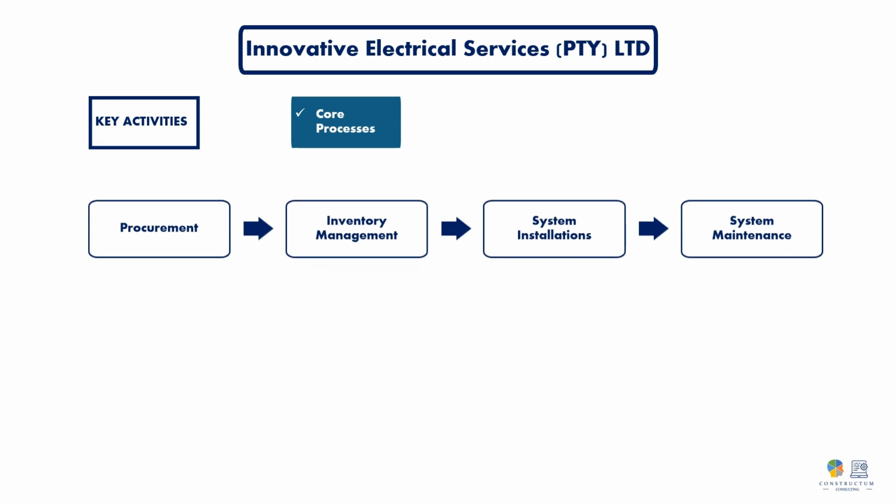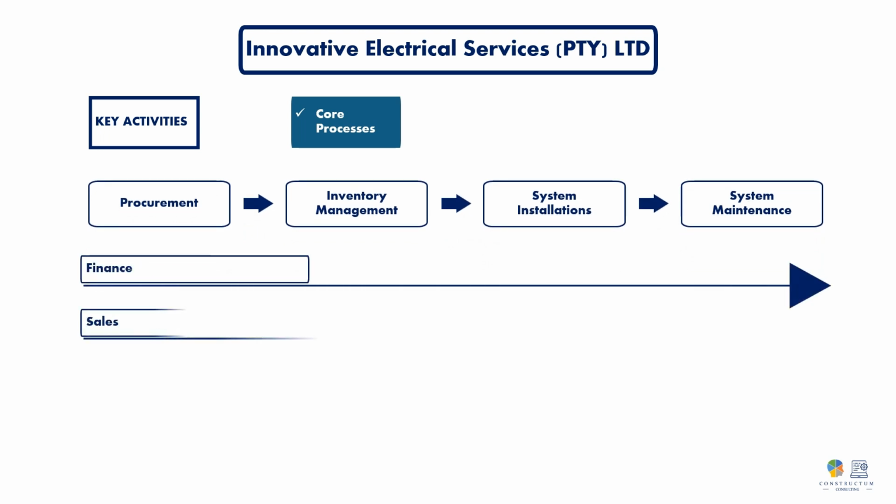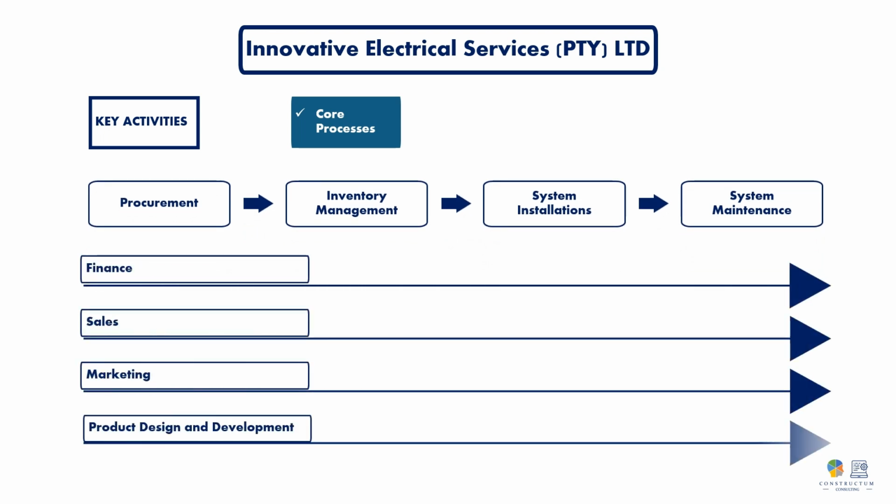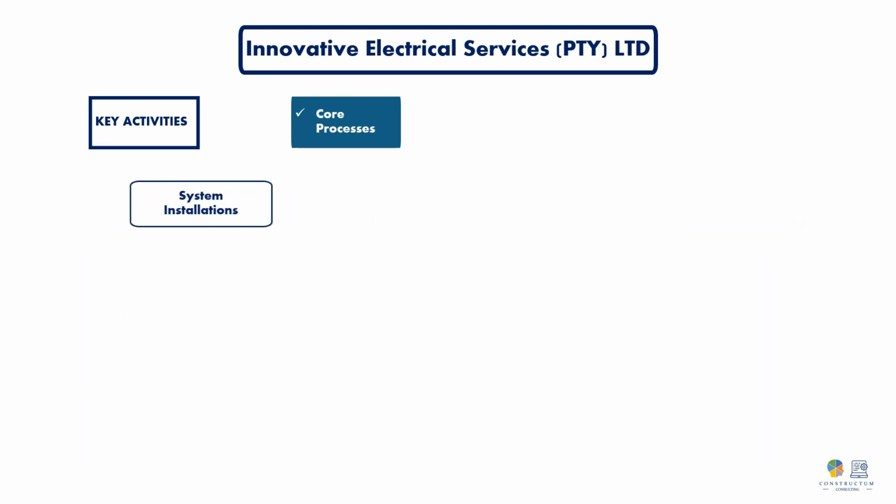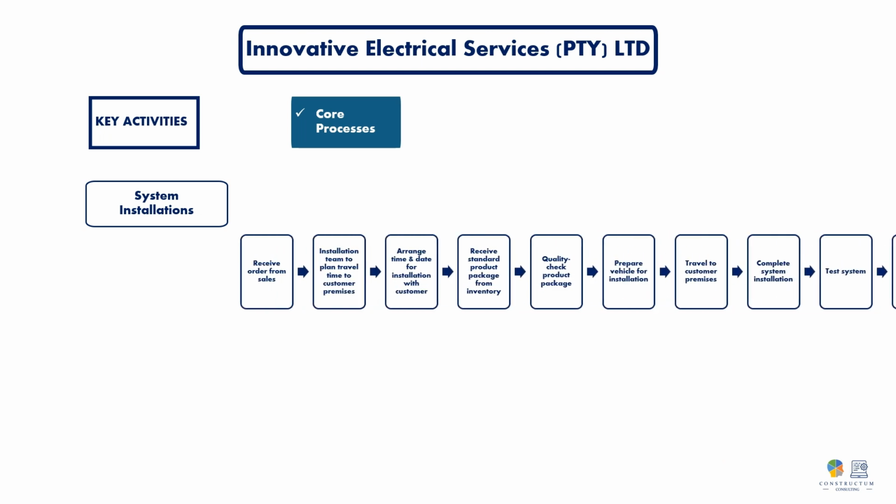Concurrent processes include finance, sales, marketing, and product design and development. Step 3. Each process consists of steps made up of individual tasks that must be completed by one or more employees. Here is an example of one sequential core process, namely the systems installation process.